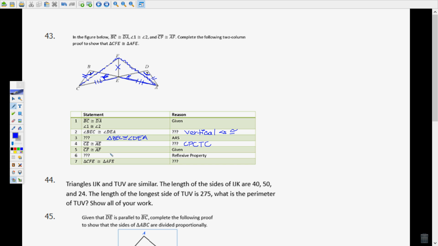So EF is congruent to EF by the reflexive property. Now we have 3 sides of one triangle congruent to 3 sides of another triangle. Who remembers what that is? Side, side, side congruence. Very good.